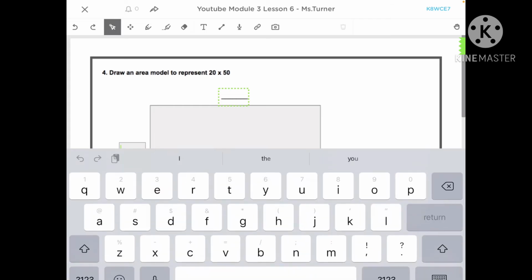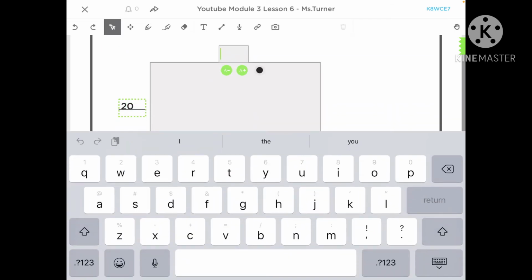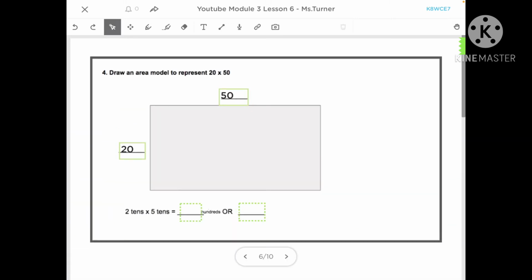All right, what about this one? 20 times 50. So 20 on my left, 50 on my top. 2 10s times 5 10s equals how many hundreds? So I guess you guys have caught on by now that all we're doing is simply multiplying our base numbers and then looking at the place value that we are adding at the very end.